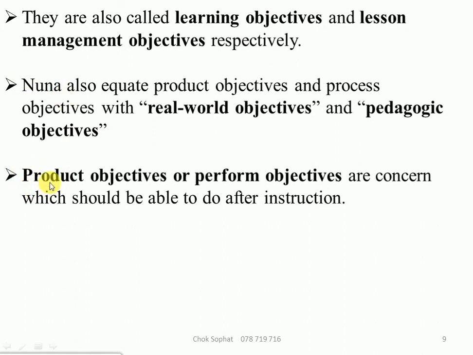What is product objective and what is performance objective? We can say product objective or performance objective. Product objective or performance objective are concerned with what students should be able to do after instruction.